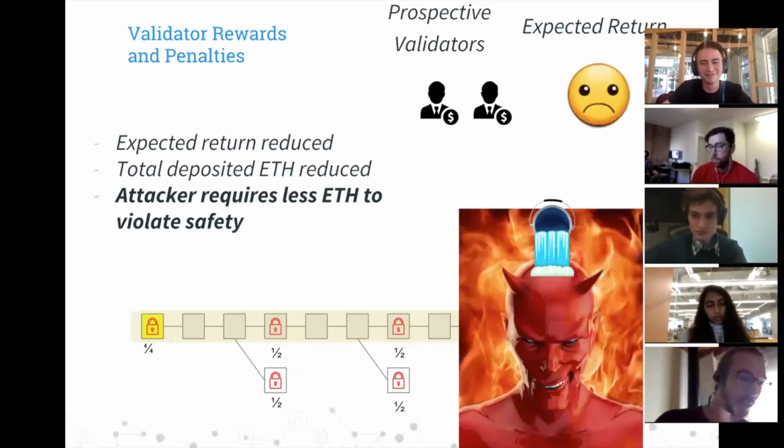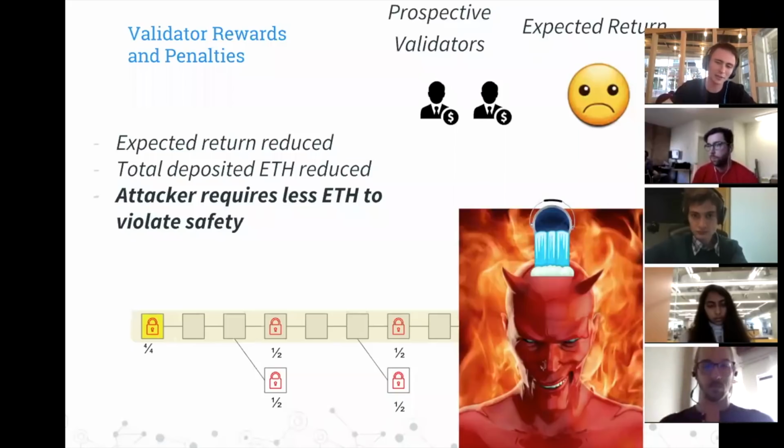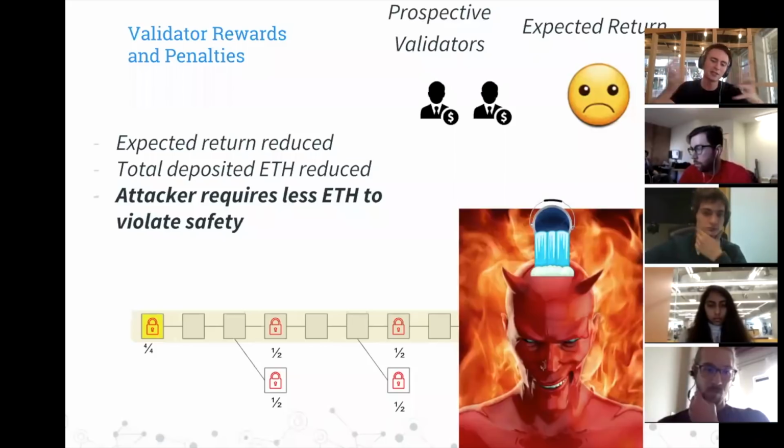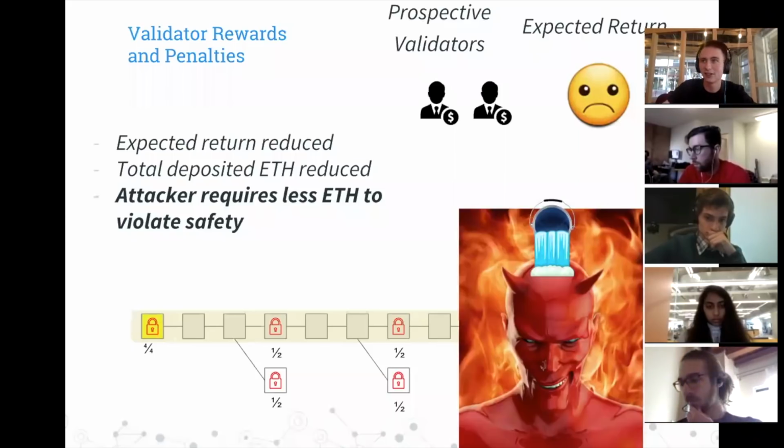Vlad's work has already really influenced the current Casper implementation, like the slashing conditions. This has been a real iteration between Vlad and Vitalik, going back and forth with their different protocols, and there's still more refinement that can be made on both sides.